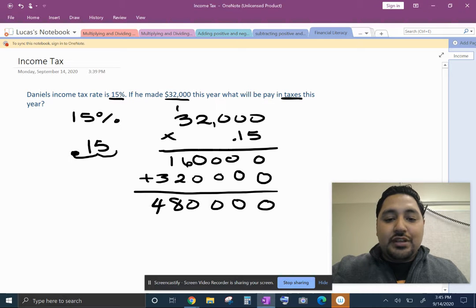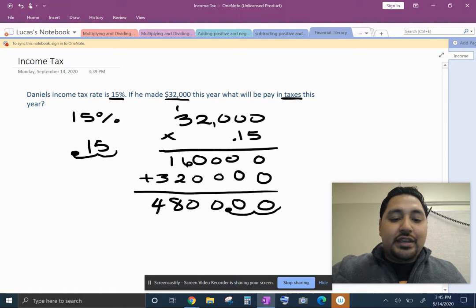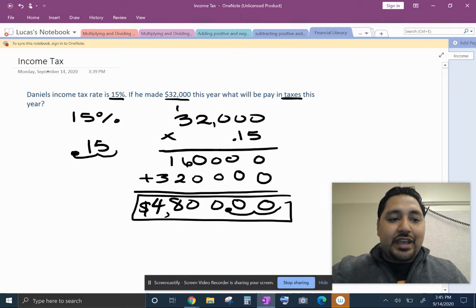Now I have two decimal places with both of these factors. So I'm going to go over 1, 2. So what he should be paying is $4,800 this year in income tax.